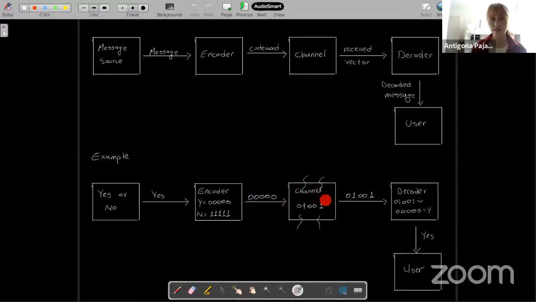Now suppose that the channel is noisy, then the received vector is 01001. So we see here that two of the digits are different, so we have two errors. When the decoder gets this received vector, it decodes it as the nearest code word, which in our case is yes. And then it sends it to the user as the message yes.